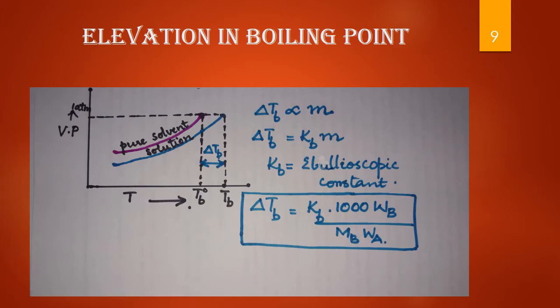That is TB minus T0B, and that is found to be proportional to the concentration of the solution. It is dependent on the amount of solute that is dissolved. That is, delta TB is equal to Kb into m, where Kb is known as the ebullioscopic constant, otherwise known as molal elevation constant. On substituting the value of molality, we get the equation as delta TB is equal to Kb into 1000 WB divided by MB into WA.